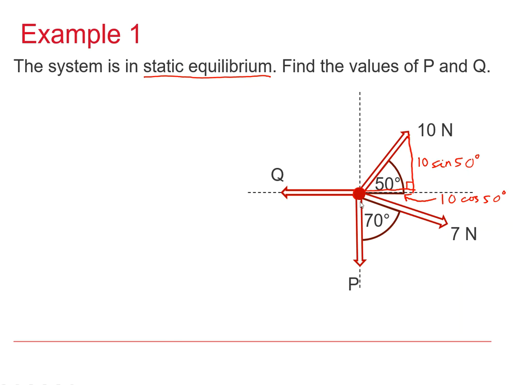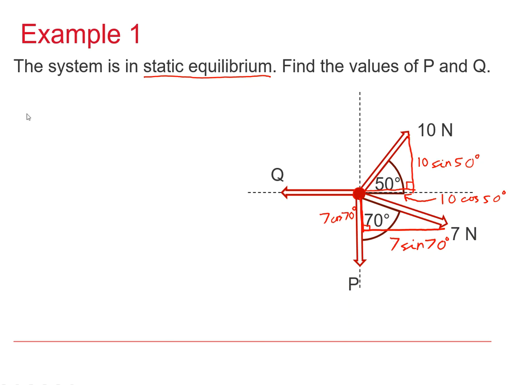And then for this force down here, it will have a vertical and horizontal component as well. The horizontal component is opposite the 70 degrees here, so we can say that is 7 sine 70 degrees, and the vertical component is 7 cos 70 degrees, acting downwards of course now.